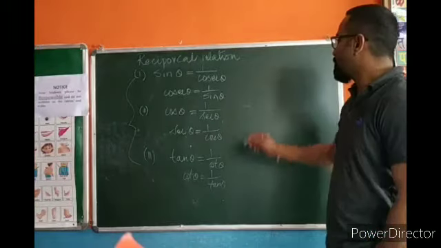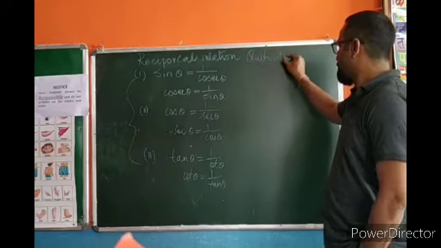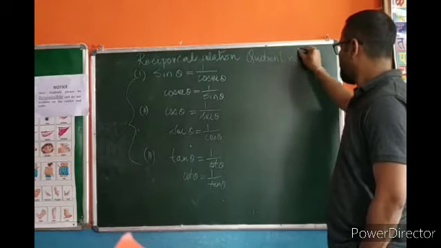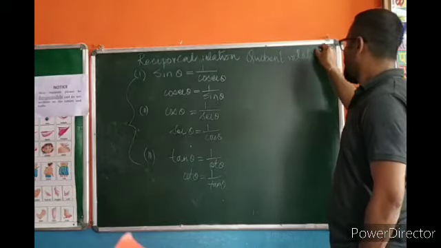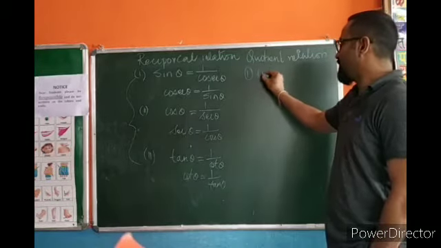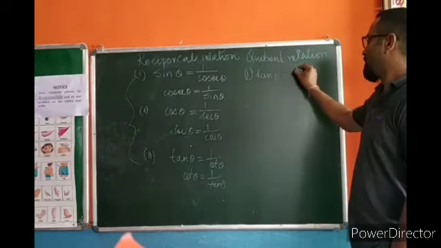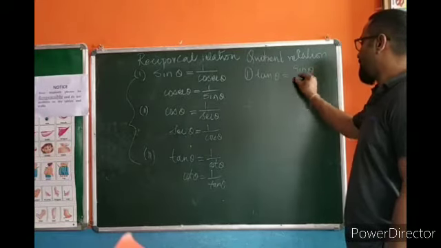Second one is called quotient relation. First one, tan theta is equal to sine theta divided by cos theta.